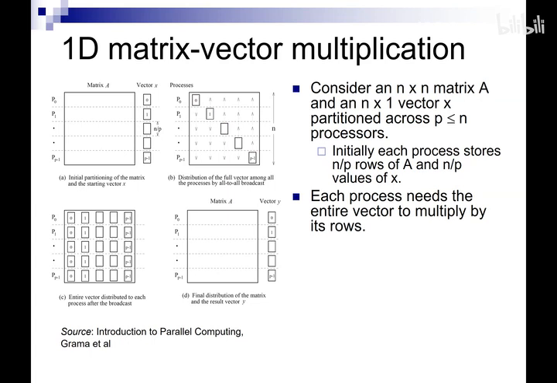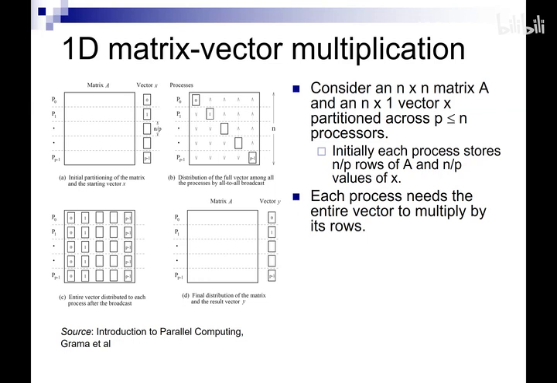The set of processes are going to do an all-to-all broadcast, and the data that they're broadcasting is just their part of the overall vector. After that, every process is going to end up with the entire vector.